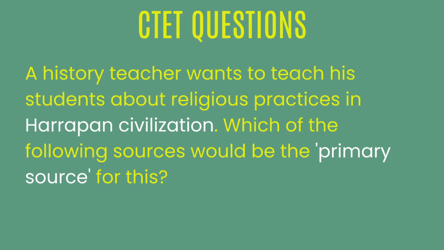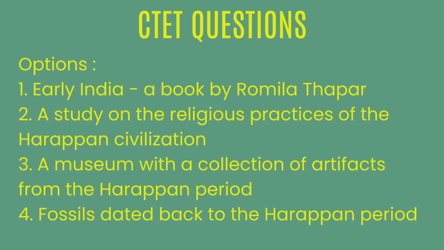A history teacher wants to teach his students about religious practices in Harappan civilization. Which of the following sources would be a primary source for it? So the options are Early India, a book by Romila Thapar, a study on the religious practices of the Harappan civilization, a museum with a collection of artifacts from the Harappan period, and fossils dated back to the Harappan period.